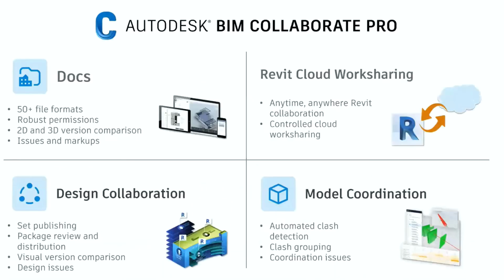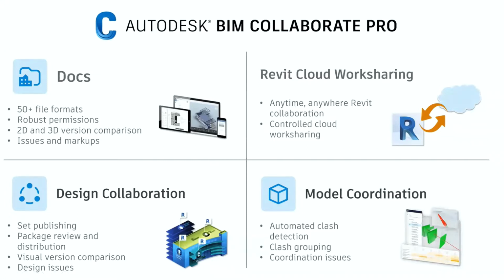Now, what's actually in the Autodesk BIM Collaborate Pro is these 4 big modules. Okay, so you can think of each square that you see here as a different module, all sitting in the Autodesk Construction Cloud platform. So first we have a module called Autodesk Docs.